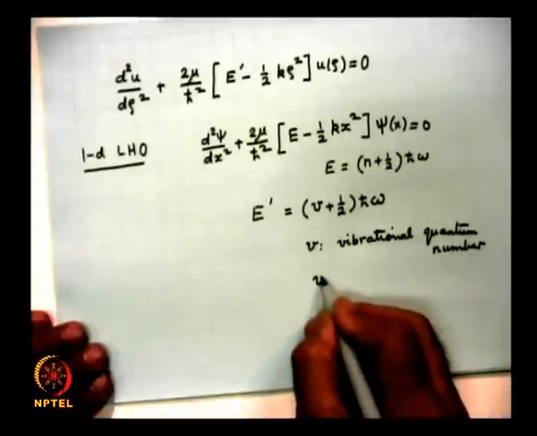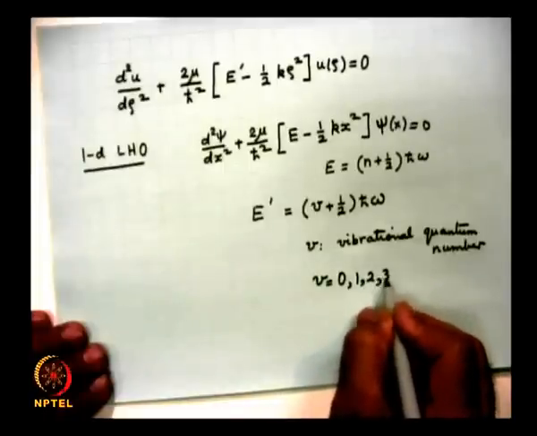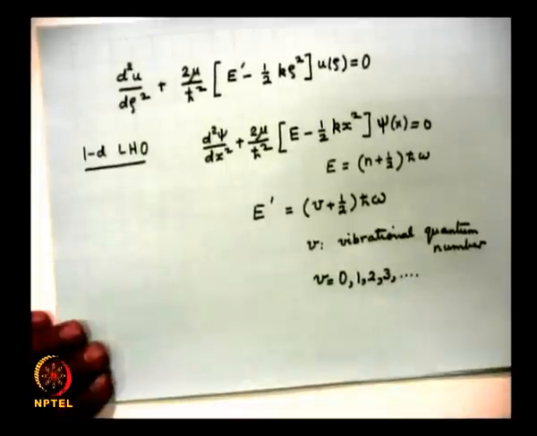And V takes the values 0, 1, 2, 3, 4, etc.